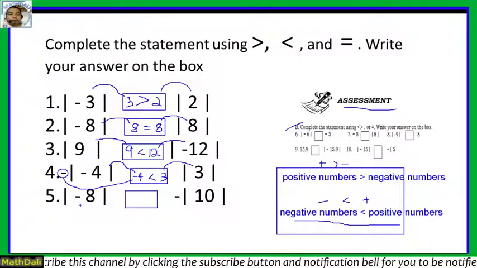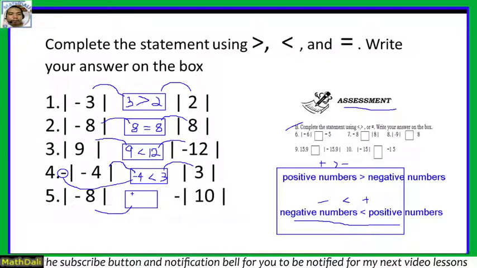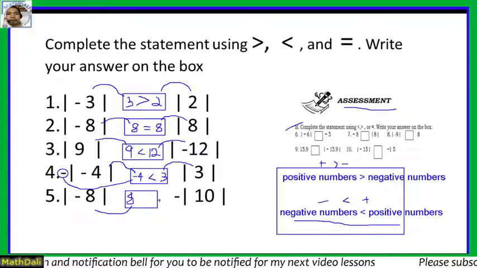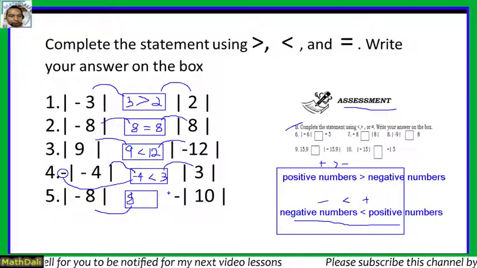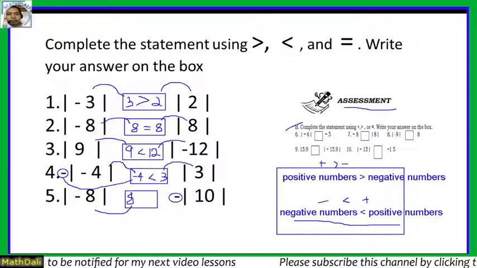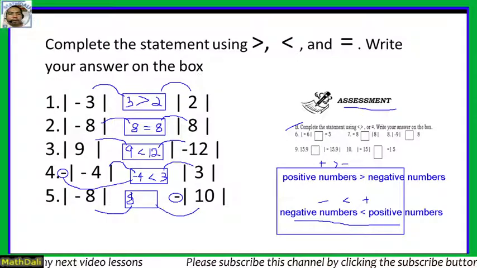And next, absolute value of negative 8. That will be positive 8. Yan. Then, negative absolute value of positive 10. Okay, so yan. Meron na naman tayong negative dito, yan, sa labas ng absolute value. So, kukunin natin yung absolute value ng 10.